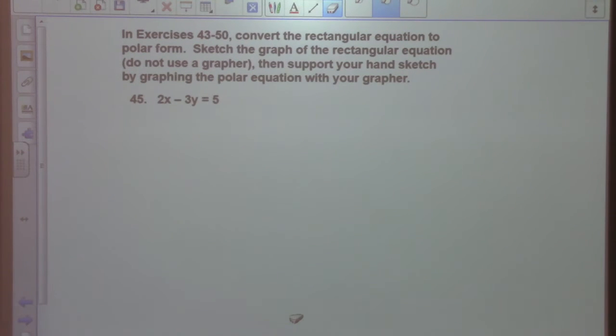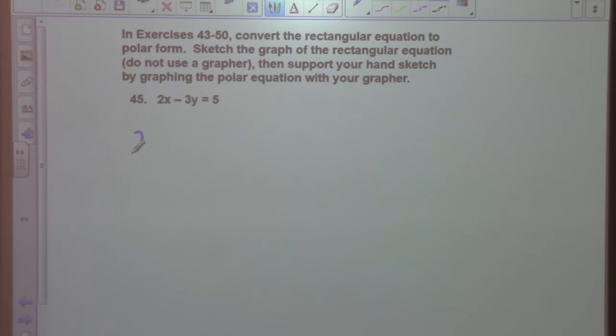Okay, next. I want to look at 45. And 45 ratchets up the complexity like we're used to. You have 2x minus 3y equals 5. And so you take x being r cosine theta and y being r sine theta.